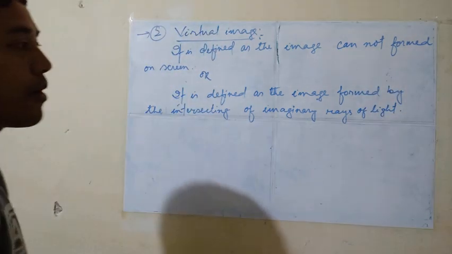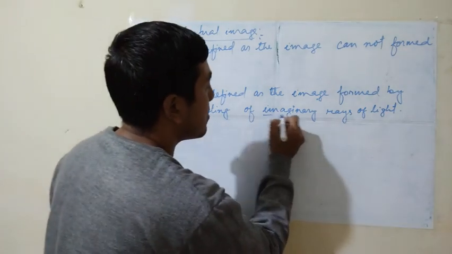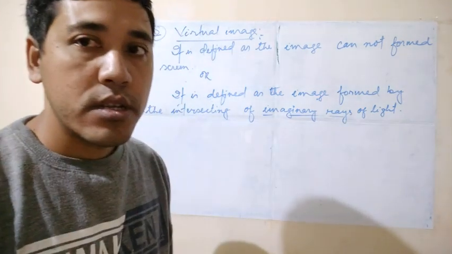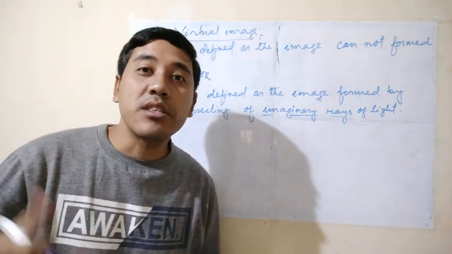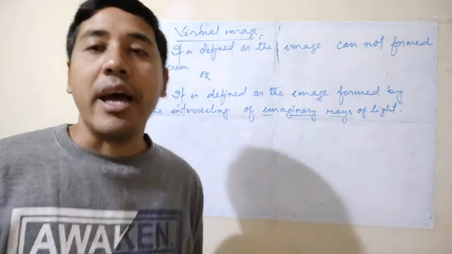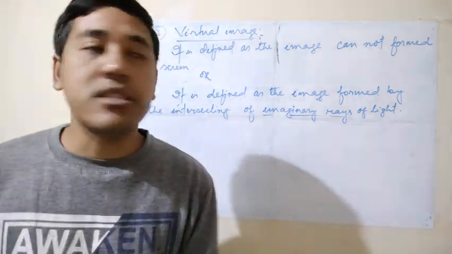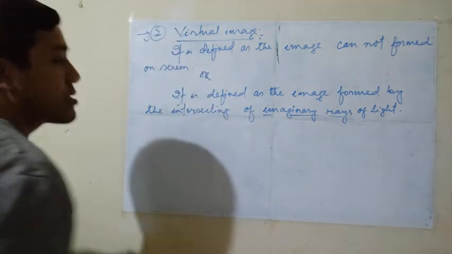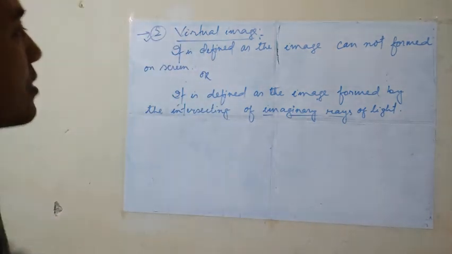When the image is formed due to the intersecting of these imaginary rays of light, not reflected, this imaginary rays of light, this type of the image is known as the virtual image. Okay, please copy down this also.